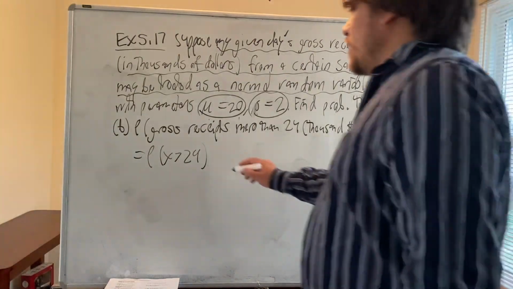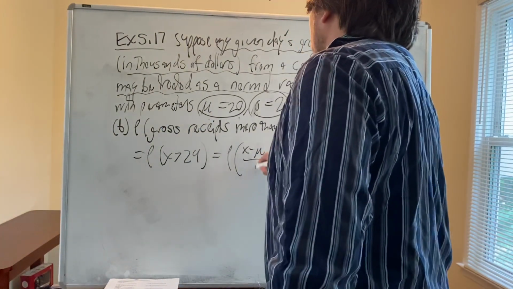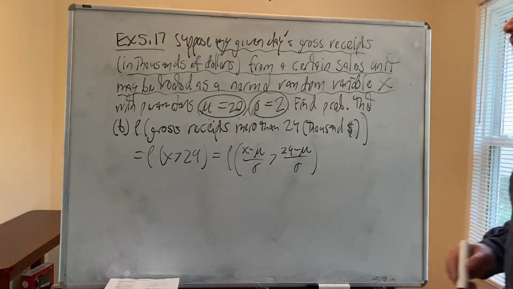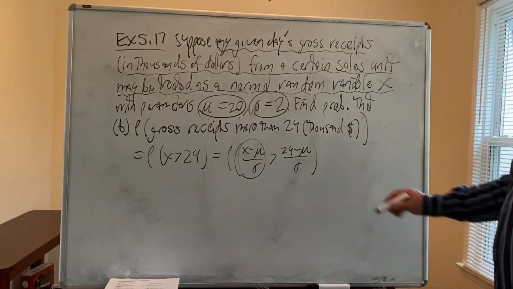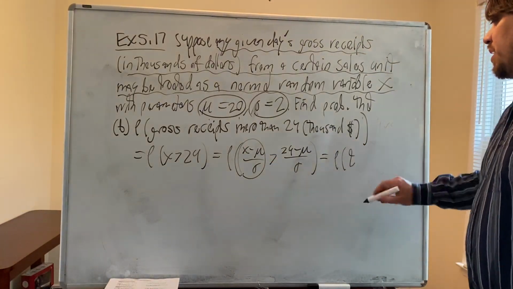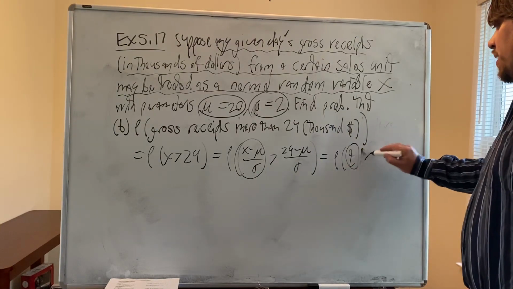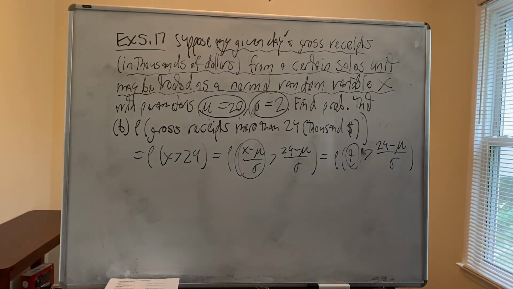Okay, so I'm going to translate this as probability of a standard normal random variable by doing X minus mu over sigma is strictly greater than 24 minus mu over sigma. That X minus mu over sigma, that's Z. This is the probability that Z, which is X minus mu over sigma, is greater than 24 minus mu over sigma.